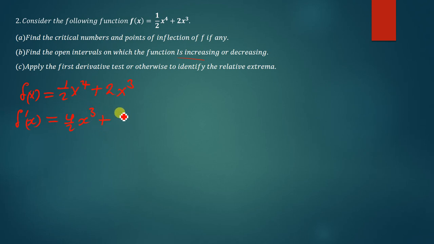Then we have plus 2 times 3, we're getting 6, x to the power 3 minus 1, we're getting 2. So f prime of x is going to be equal to 2x to the power 3 plus 6x squared. Alright, so this is the gradient function.